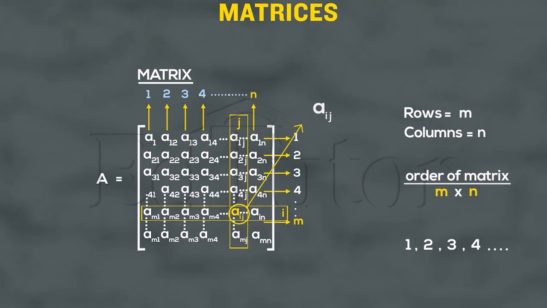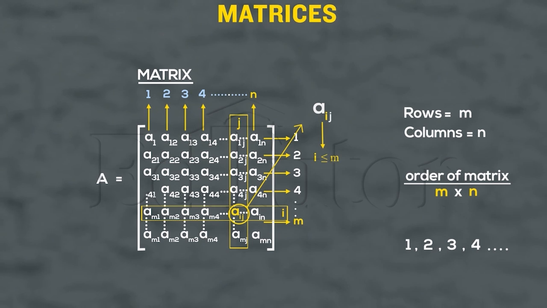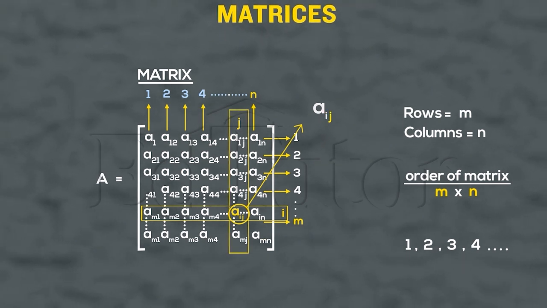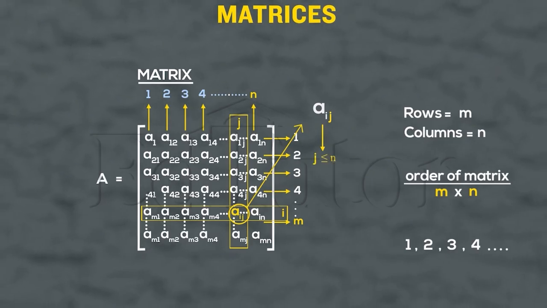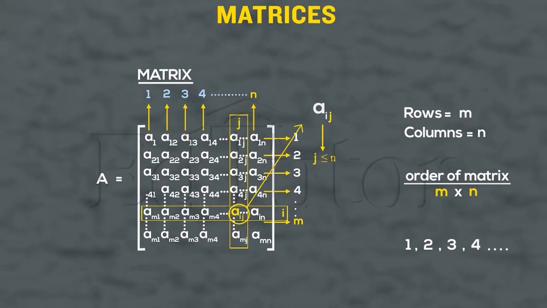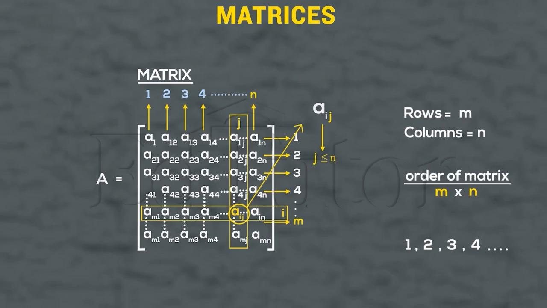Also, keep note of two important points. Firstly, the value of i, which is the number of the row in which an element lies, would never exceed the value of m, as m is the last or the limit of the rows of this matrix. So, i will always lie within m. Secondly, the value of j, which is the number of the column in which an element lies, can never exceed n, as n is the last or the maximum number of the columns of this matrix, and j would always have to be within it.